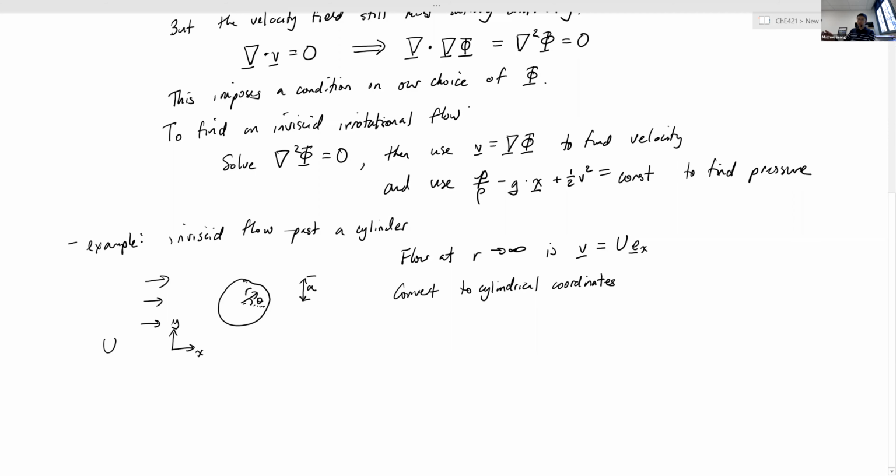Okay. And so those conversions look something like this. We introduced this a little bit when we talked about cylindrical coordinates initially, right?